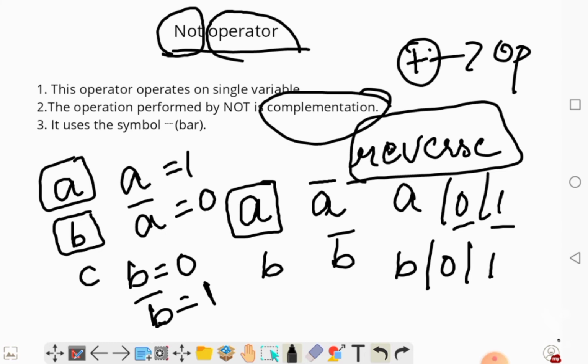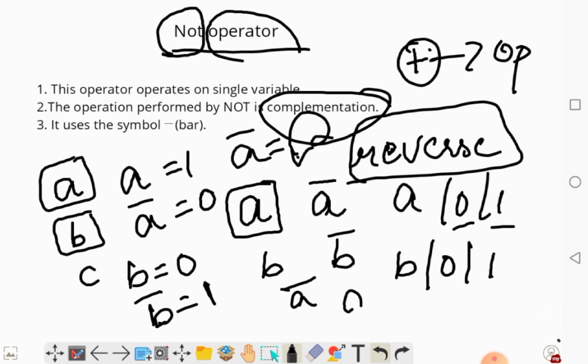Repeat with me. Not operator means it operates on only a single variable. It performs the reverse operation. It uses the symbol dash.